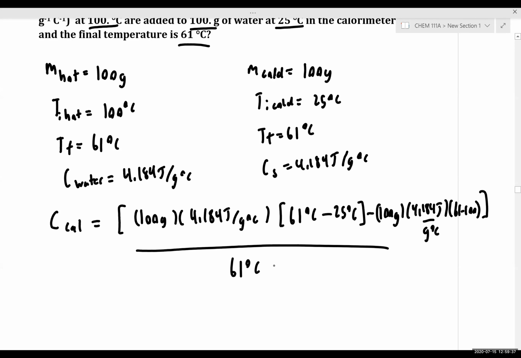So we have 61 degrees Celsius minus 25 degrees Celsius.